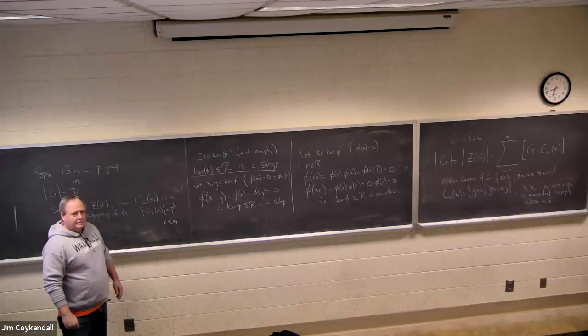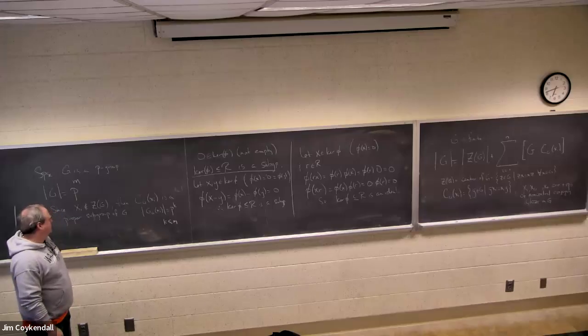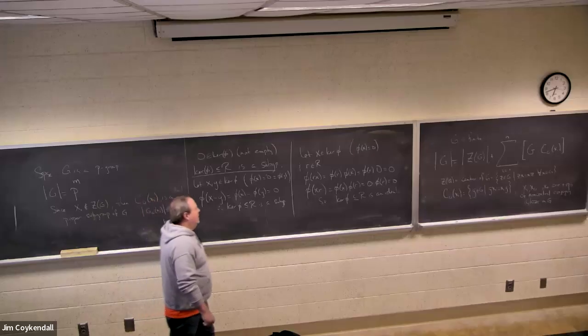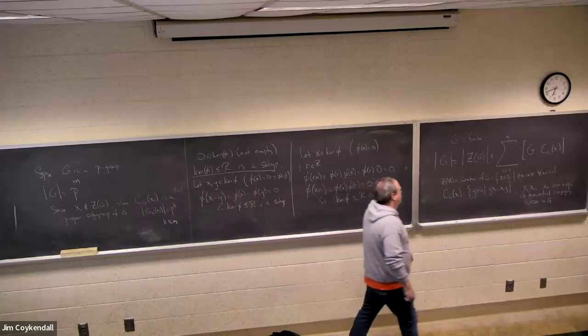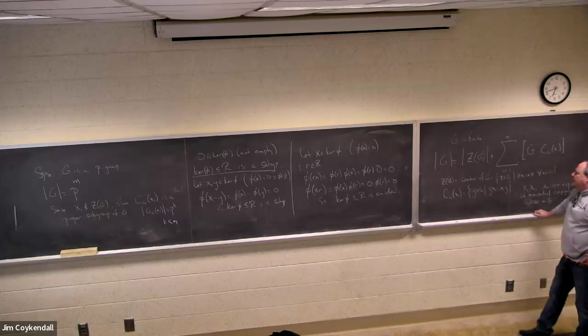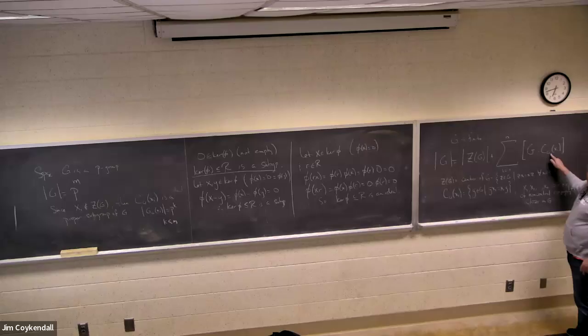Why does xi not being in the center imply that this is a proper subgroup? Well, because if it is in the center, then the centralizer of this is all of G, right? If it's in the center, everything in G commutes with it.